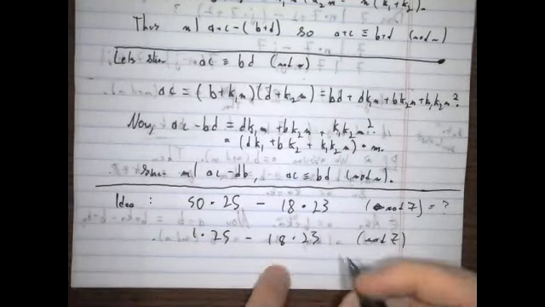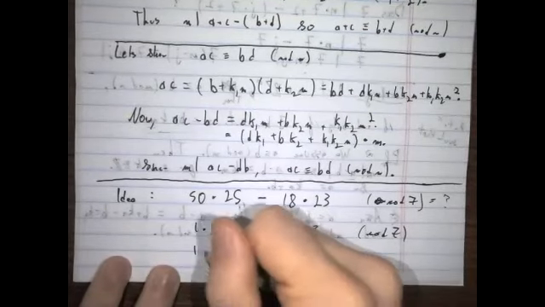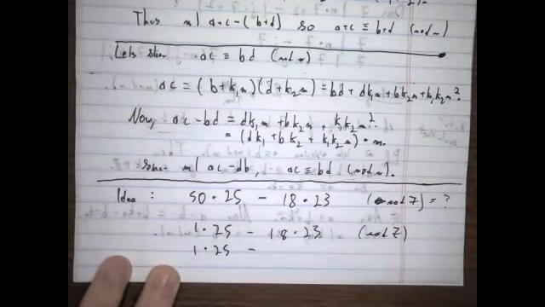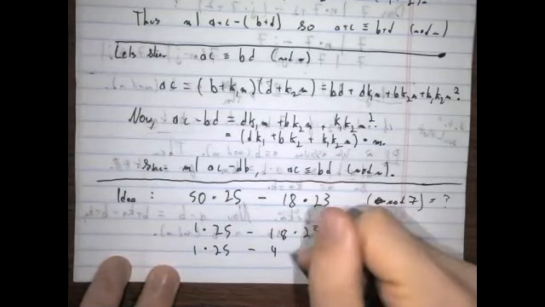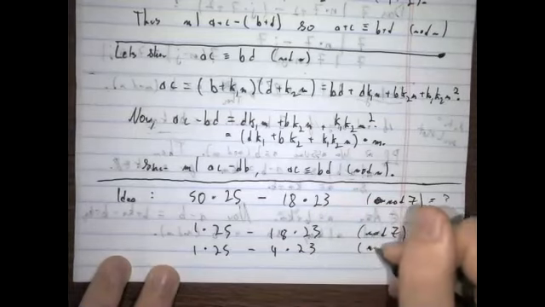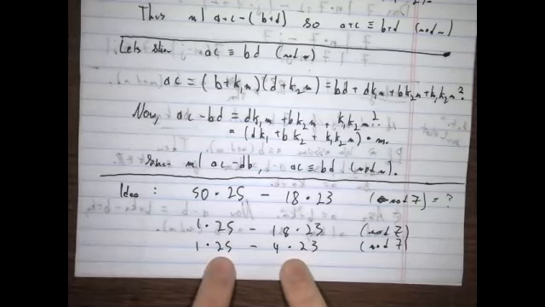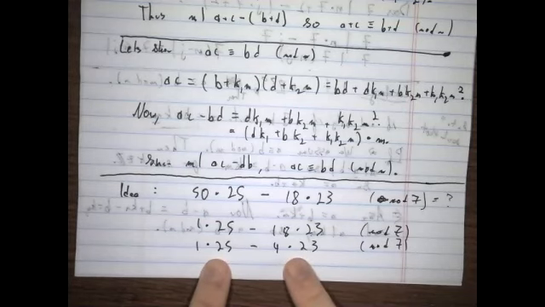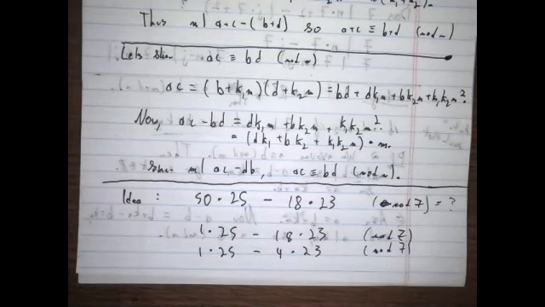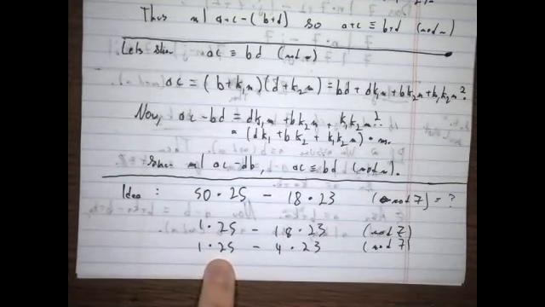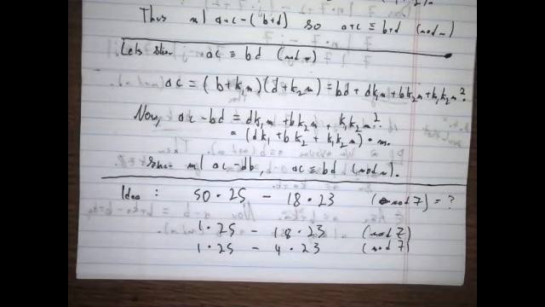Similarly, I could replace 18 by its remainder. So this is the same as 1 times 25. What's the remainder of 18 modulo 7? Yeah, 4. Minus 4 times 23 mod 7. And at any point, I could just actually calculate. I could compute 25 minus 4 times 23, and then find the modulus, and I'd get the right answer. Or I could keep simplifying. What's 25 mod 7? Also 4, right?